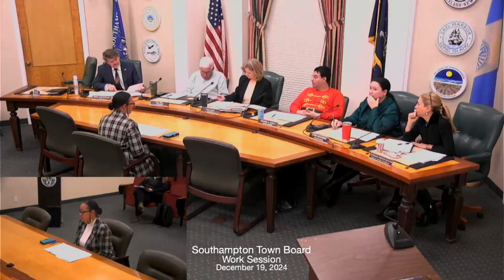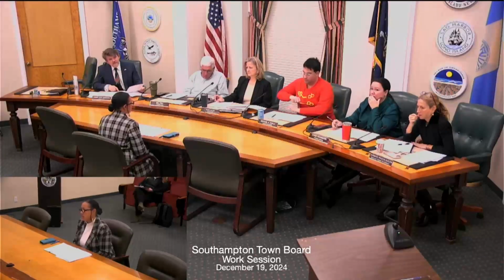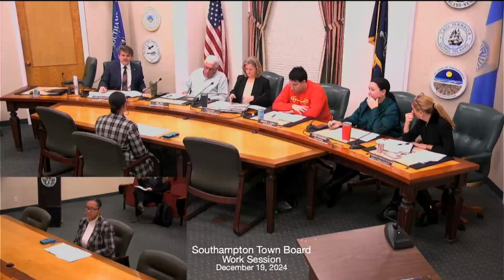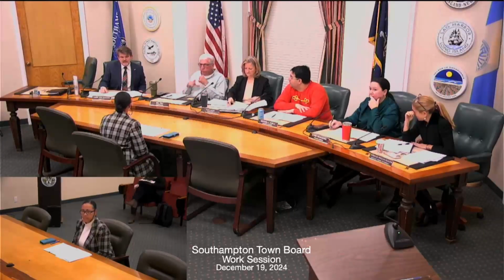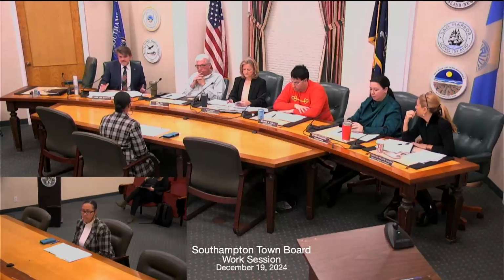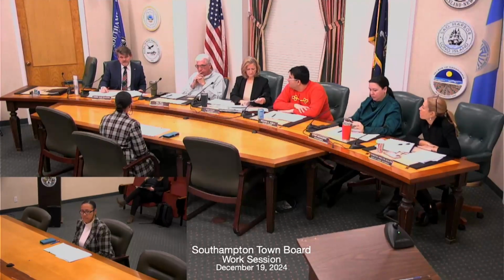So I could reach out to them and see if the income has changed. If it's the same, then the resolution would stay the same other than the tax amount. So the rents are based on area median income, a certain percentage of area median income as determined by... I would think so for the affordable. And the area median income from last year to this year has actually gone down slightly. Oh, okay.